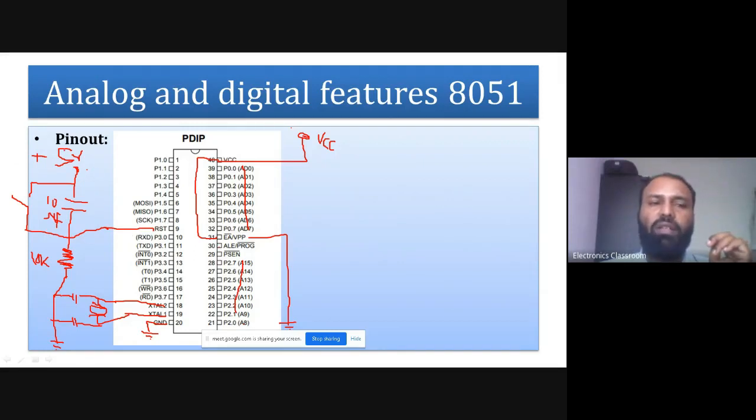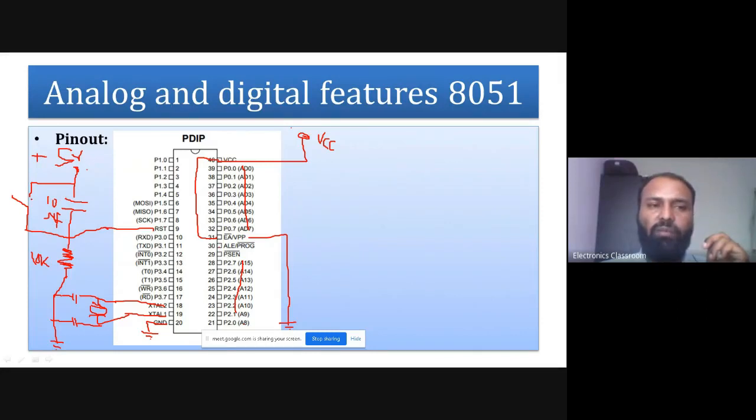And how is the reset circuit designed? A 10 microfarad capacitor is connected to a resistor, and the next terminal of the resistor is connected to ground, and across the resistor we will have a reset signal. To reset the microcontroller we can use a switch across the capacitor.